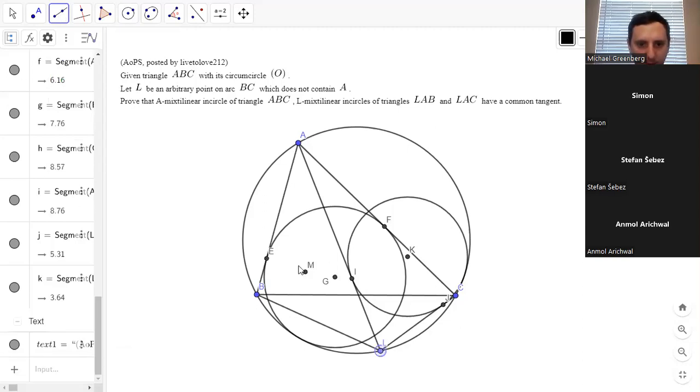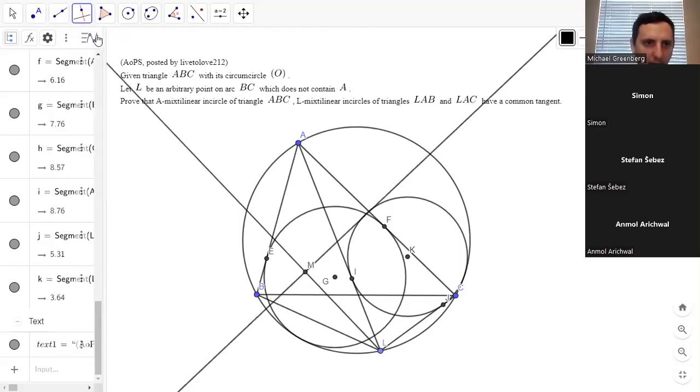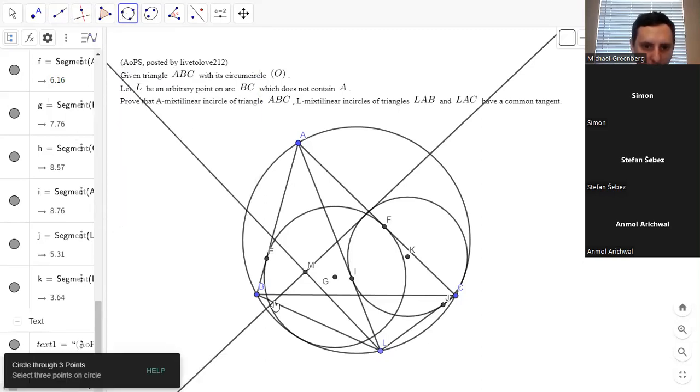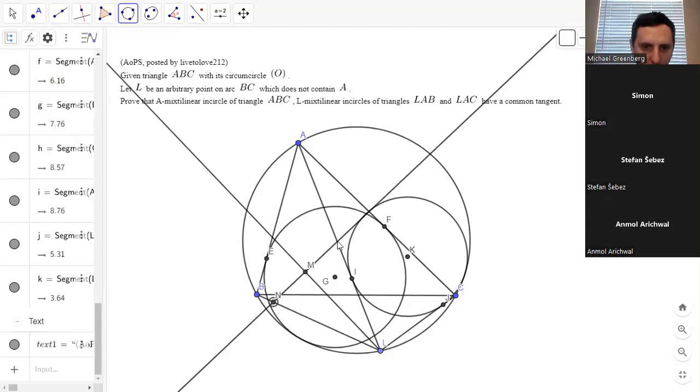Here's the ray. And then I will draw the perpendicular. And then I will draw this. One, two. Wait, what did I just do? Oh yeah, this. And then I will draw this.